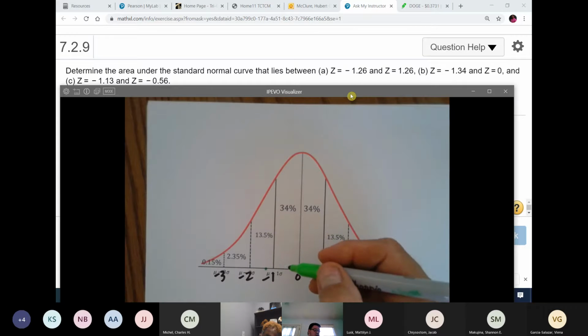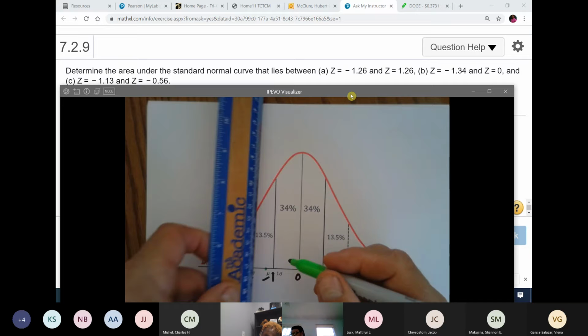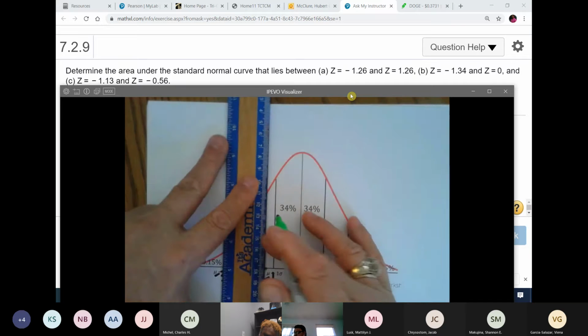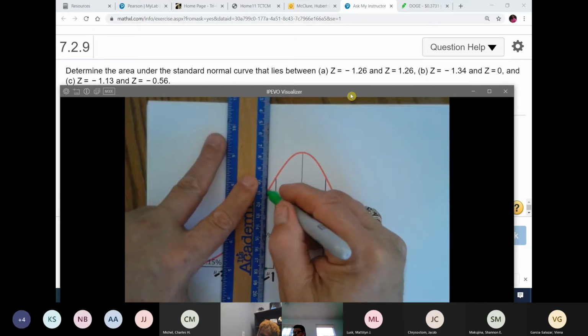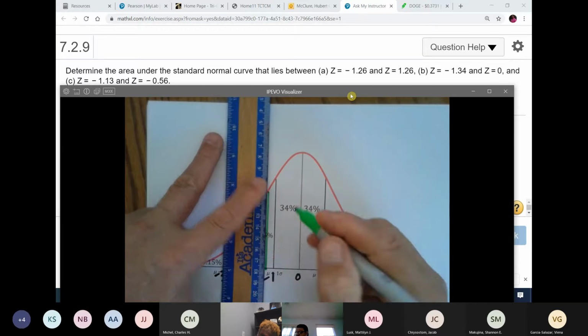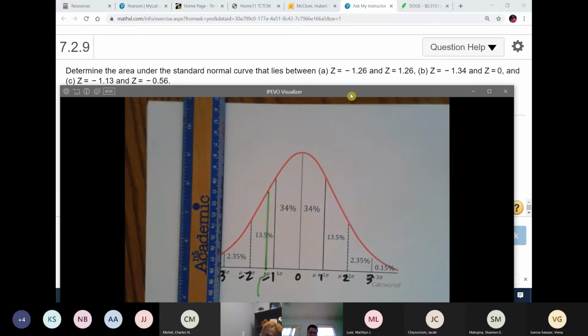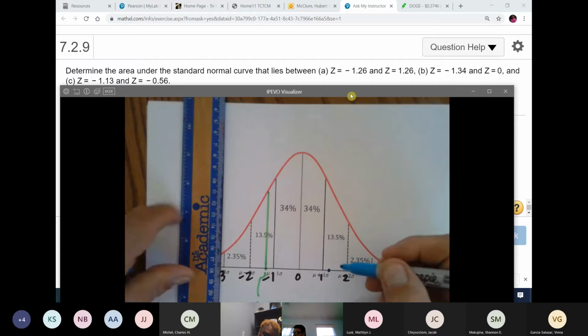And make sure you draw a picture, because I've actually had students in other classes, they don't draw the pictures because they don't need it. And guess who's asking the questions? You draw the picture so you can see it. That's why you draw the picture. And 1.26 is right about here.